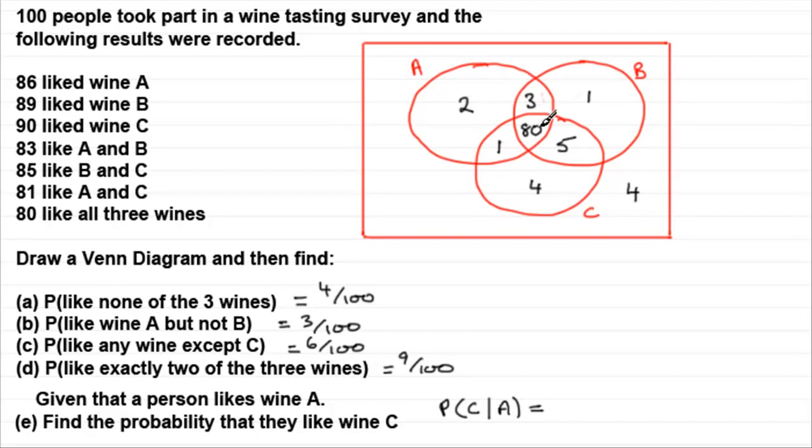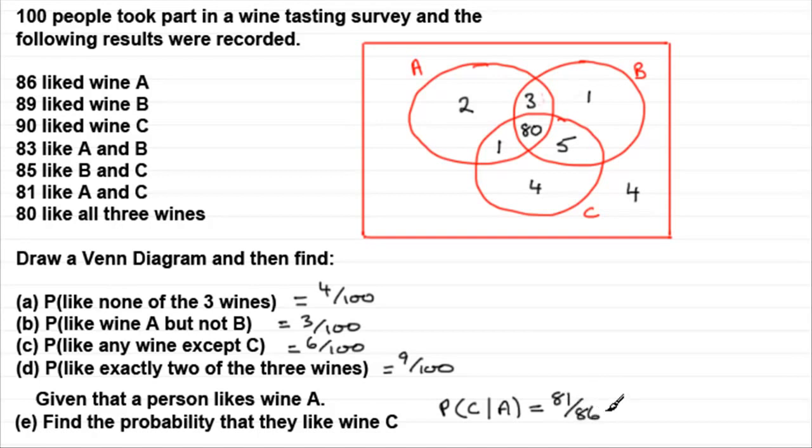Well, it's got to be just these two categories here, the 80 and the 1. They like wine C if you were to ask them. So out of 86 people, 81 of them like wine C. So the answer is simply 81 out of the 86.